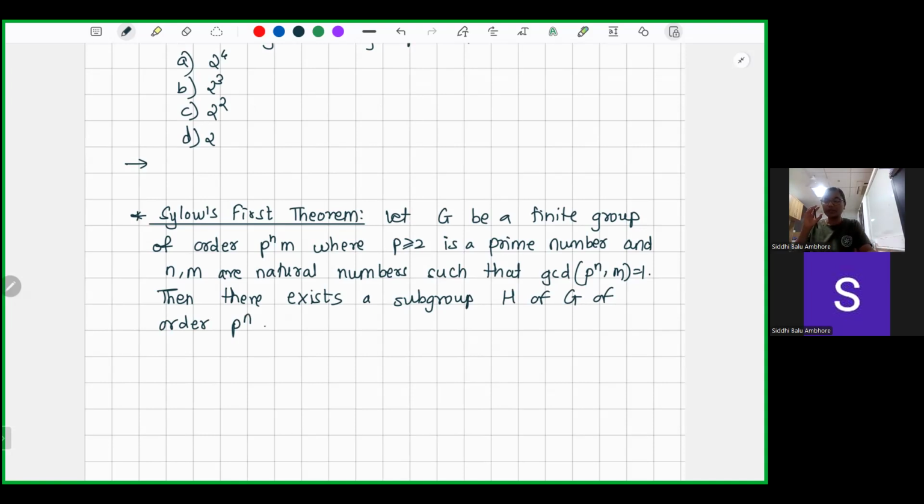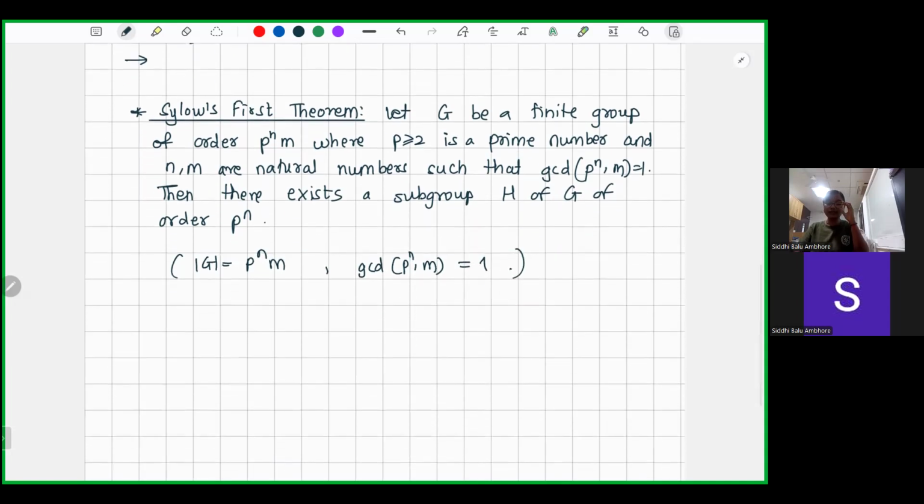So what it says is that when the order of G is p power n times m, and the GCD of p power n and m is 1, it means that n is the maximum number such that p power n divides the order of the group.